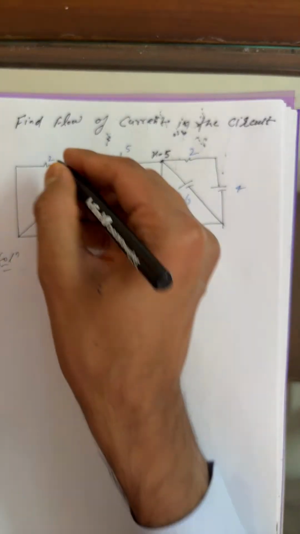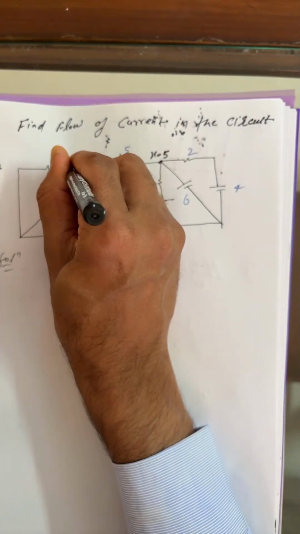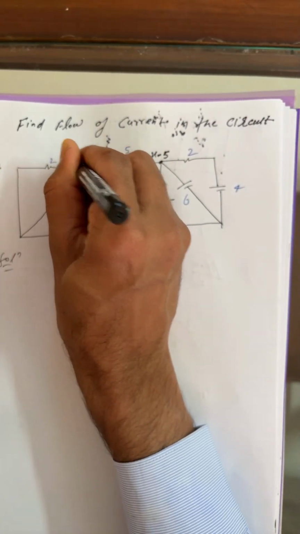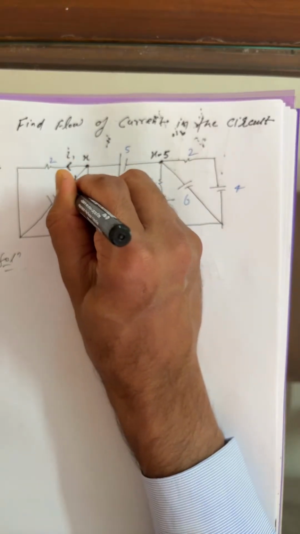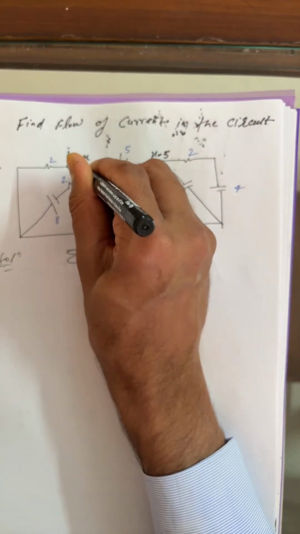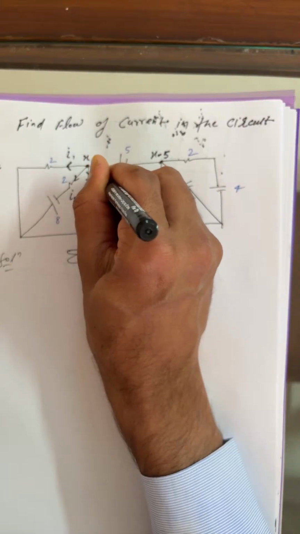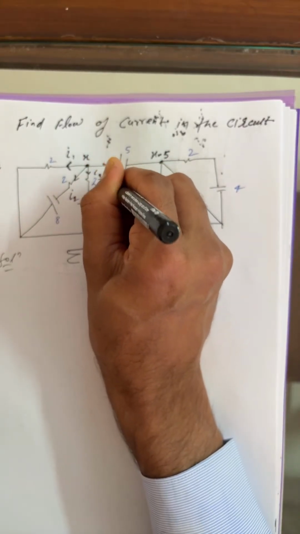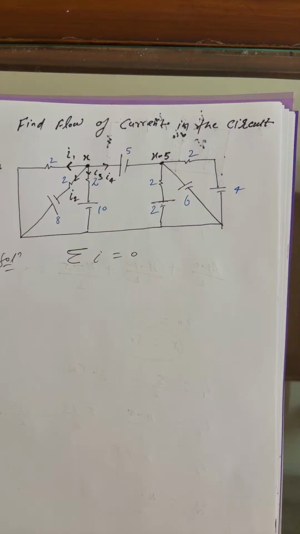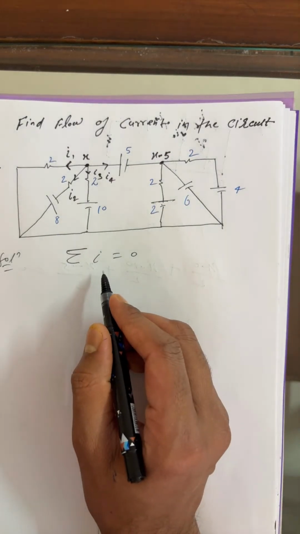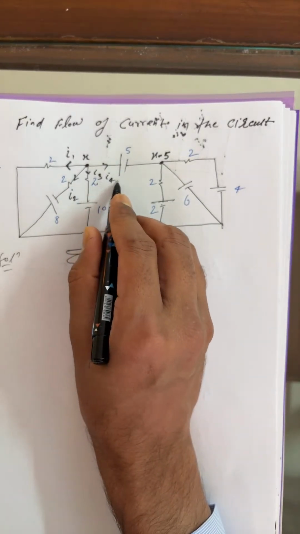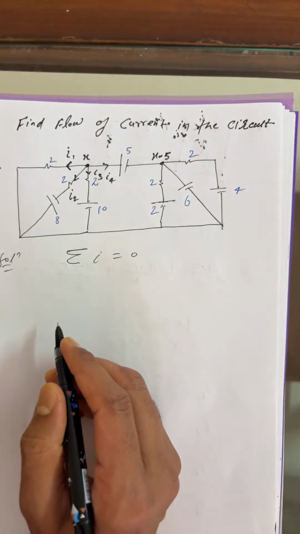This current is I1, this current is I2, this is I3, and this is I4. Right, my dear? And this is a current which will further divide into all these parts.